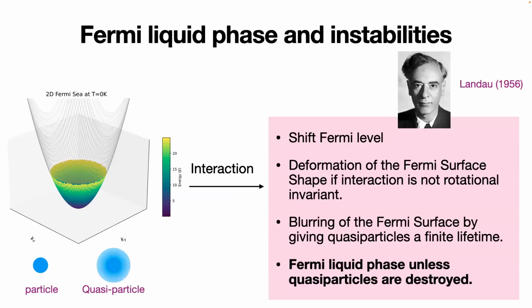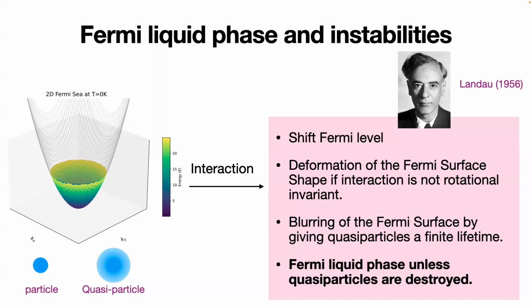Okay, then we want to consider the interaction effect. Decades ago, Landau proposed a very beautiful Fermi liquid theory. It provided a picture of how interaction induces the Fermi liquid phase from the free Fermi sea. Basically, the free fermions, the bare particles, are dressed by the interaction to form quasi-particles.